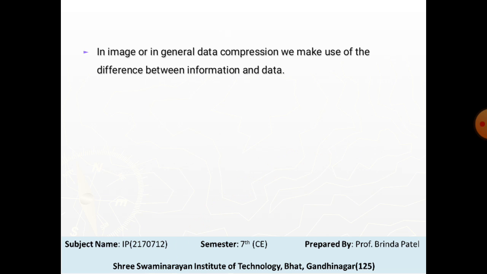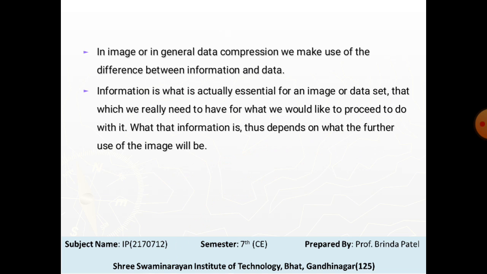So in image or in general data compression, we make use of the difference between information and data. Information is actually what is essential for an image or a data set, what we really need in order to process it.